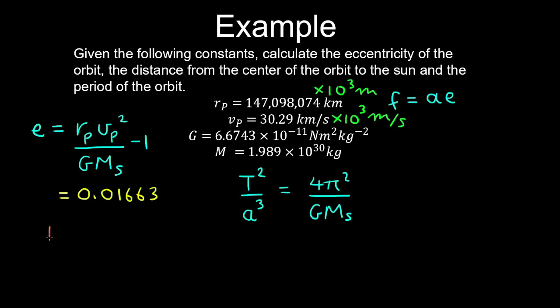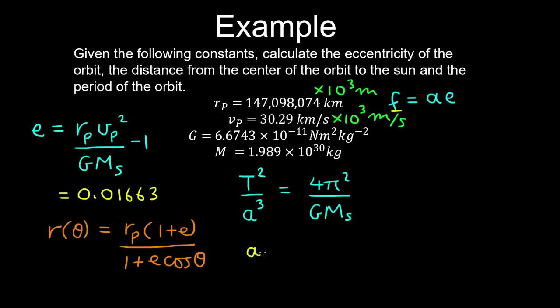And recall Kepler's first law was r as a function of theta, giving the radial position of the planet in the orbit, equal to the distance to perihelion by 1 plus the eccentricity of the orbit over 1 plus e cosine theta. So to find the distance to the focus, which is the distance from the center of the orbit to the Sun, we need the length of the semi-major axis, which is the distance to perihelion plus the distance to aphelion on 2.